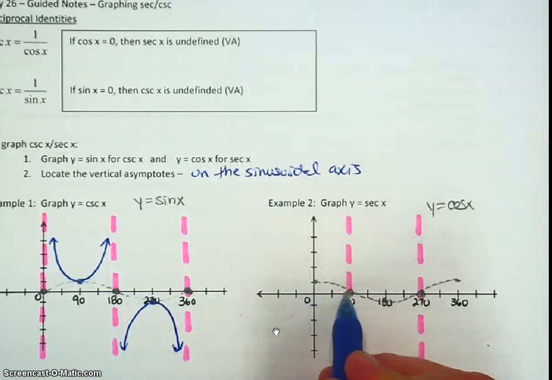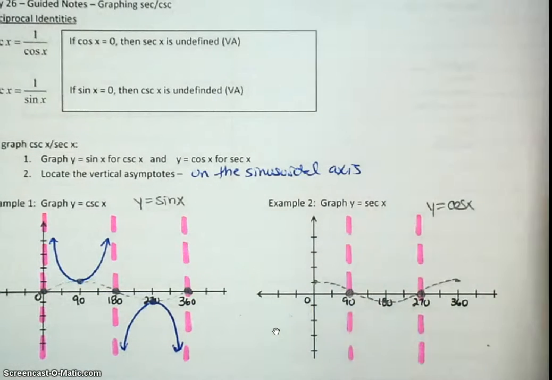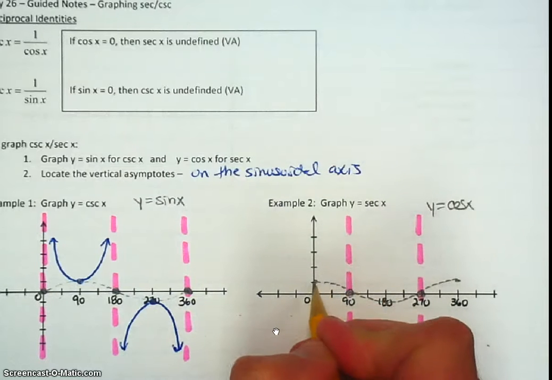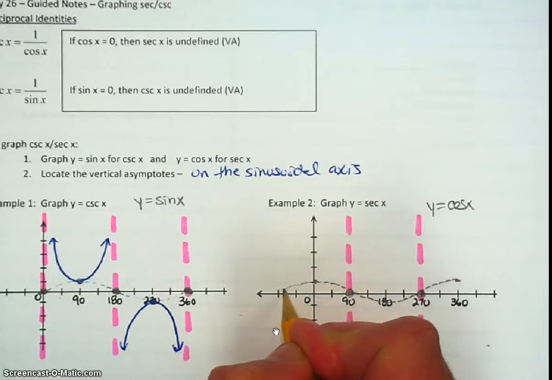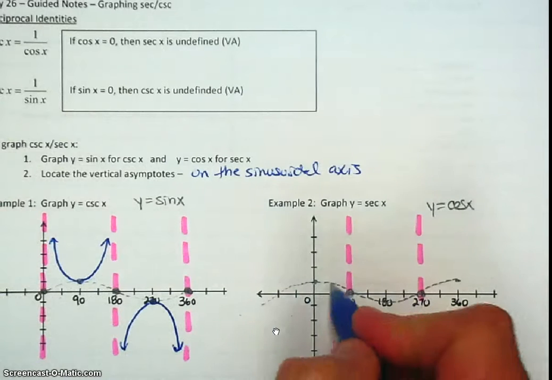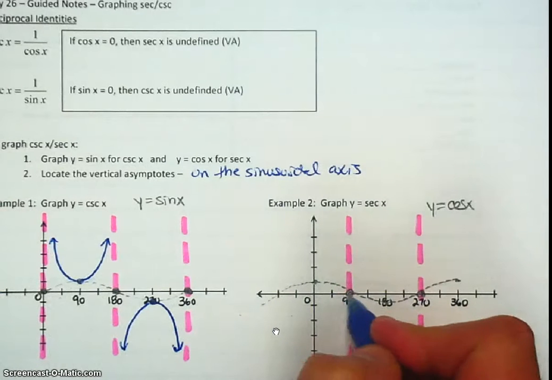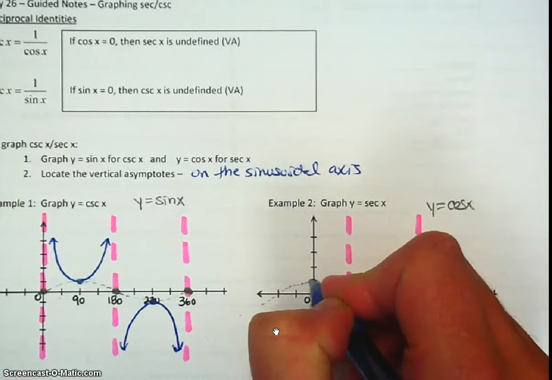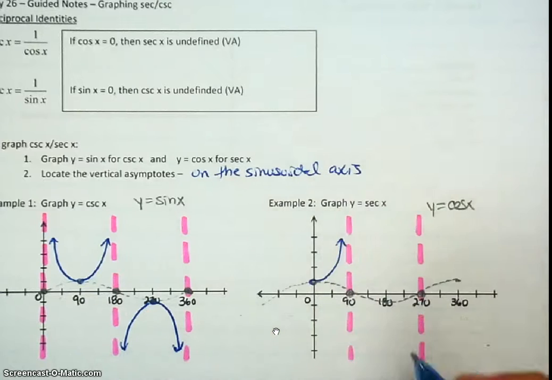Now, here we only have sort of half of our curve, because remember, we're only graphing a snapshot. If you'll remember, this curve really does keep going in this direction here, but we're only going to graph this half. So if we were to flip this part, it's going downward here, so we're going to flip it and make it go upward here. We're only going to graph that part.